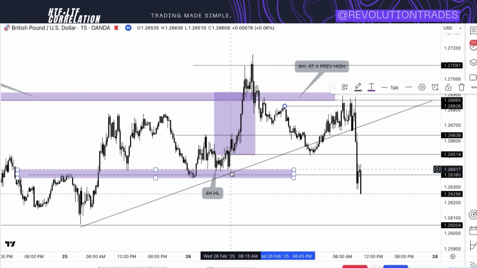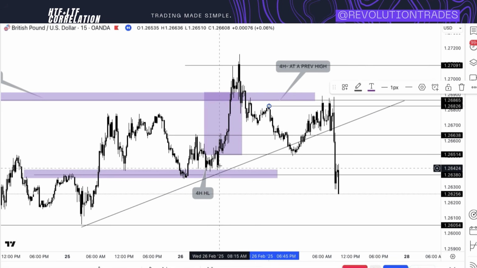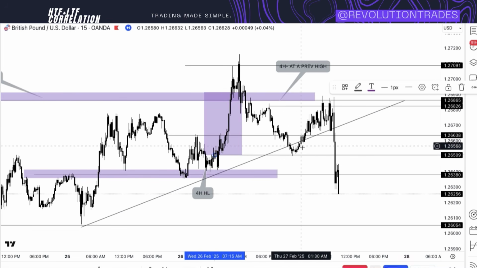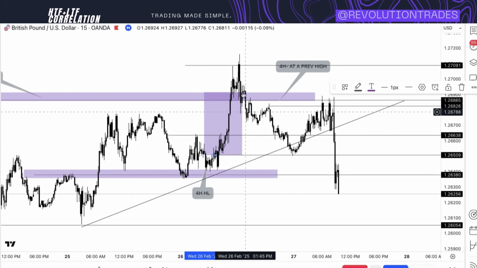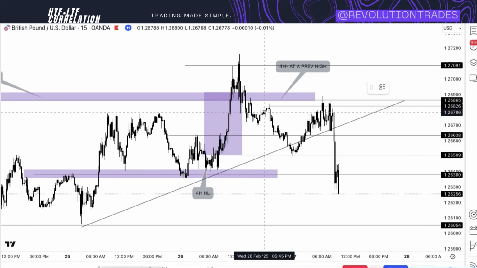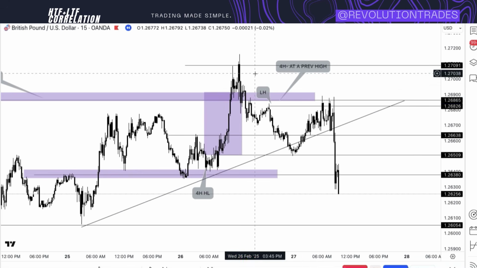Okay, we respected this previous low here because it stayed above it. But as we started creating bullish structure, we started failing to break this previous high that price created when it started selling off, which is technically a lower high. So if we are respecting lower highs, what is that, guys?